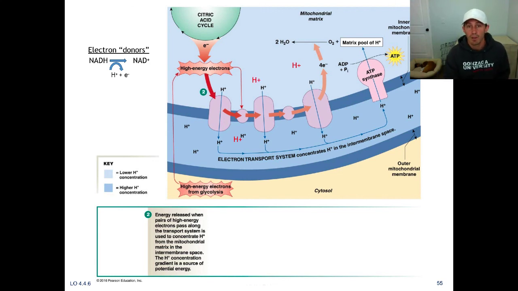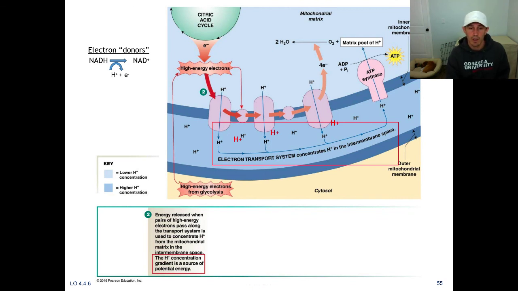Those cytochromes are pumping the H's against their concentration gradient, going from low to high concentration. That's why it requires energy. The point is that it's concentrating hydrogen ions in the inner membrane space.